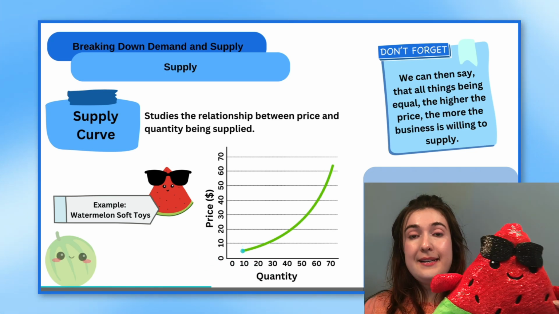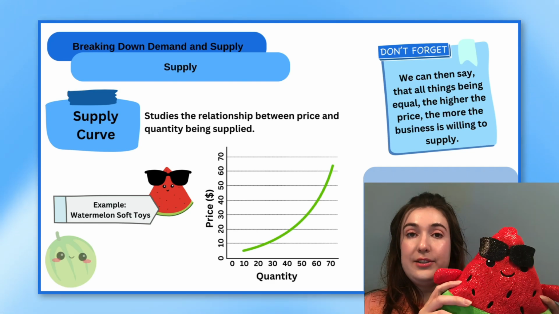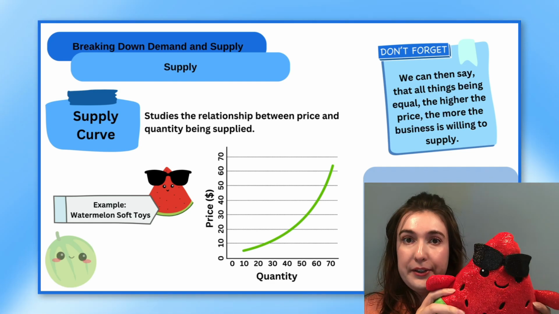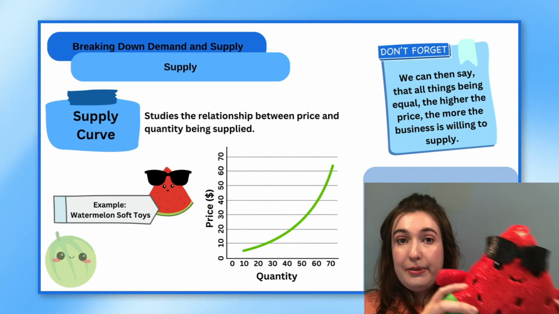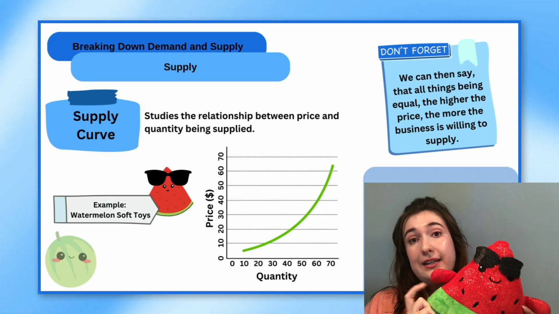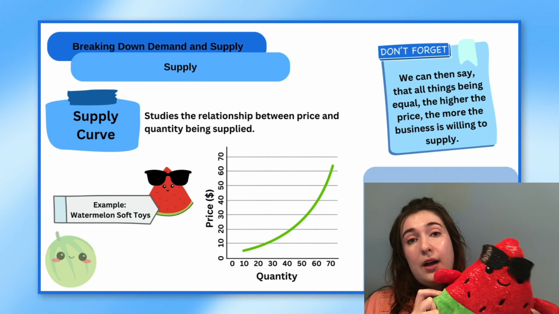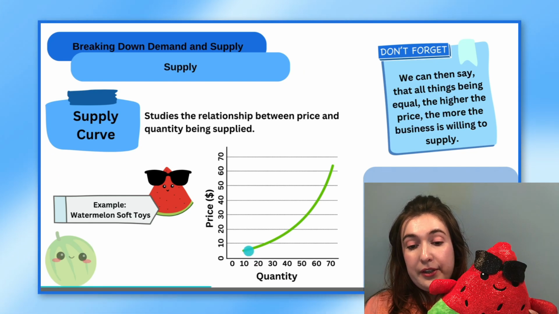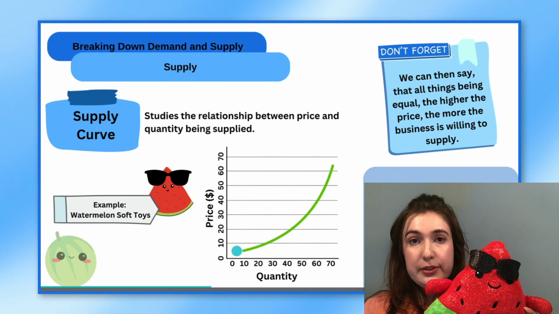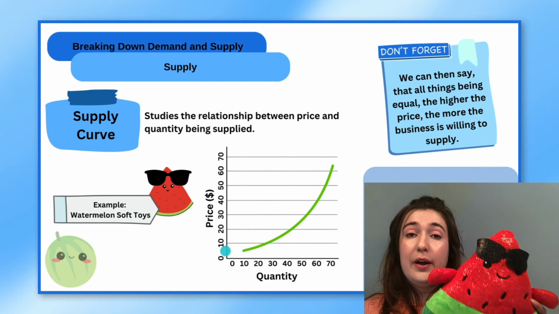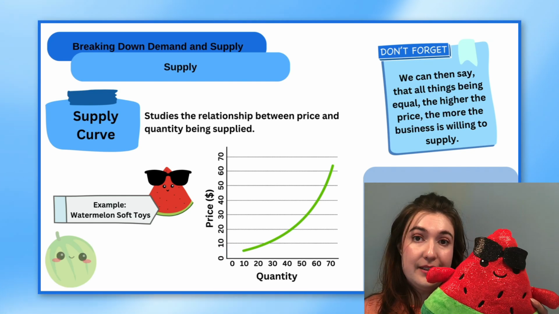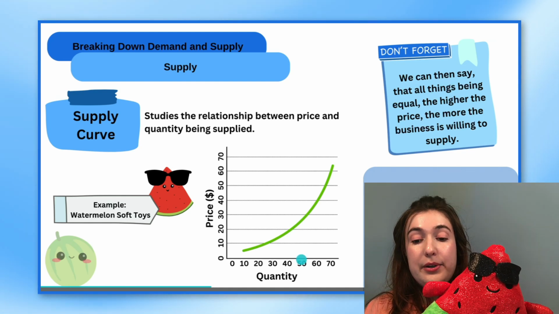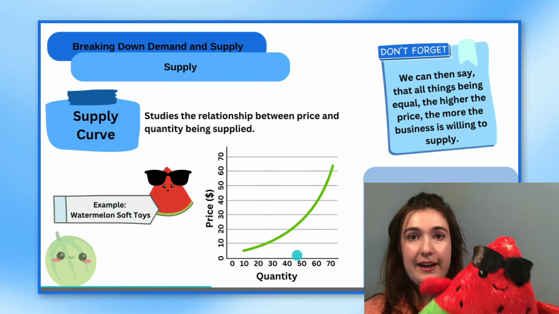Quantity-wise, I've got 10 watermelon plushies as a seller or a manufacturer or a vendor or a business owner, and I want to sell these. Now, I'm going to charge roughly, if we look at our curve here, $5 for every single one of those 10 watermelon plushies.